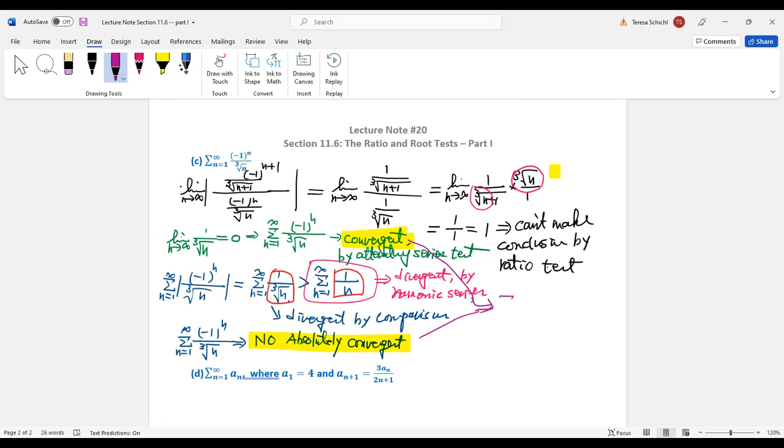We say this series, (-1) to the nth power over the square root of n cubed. What do we say about this series? This series is converging what? Conditionally.